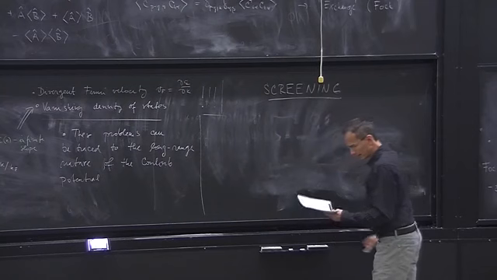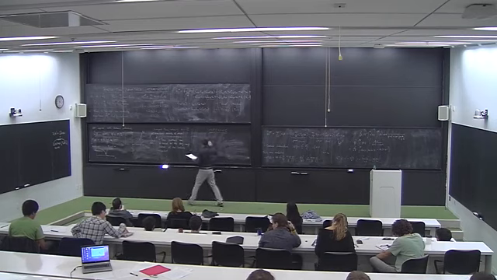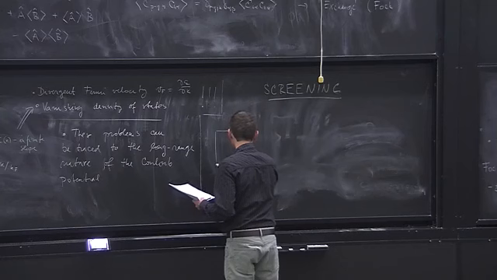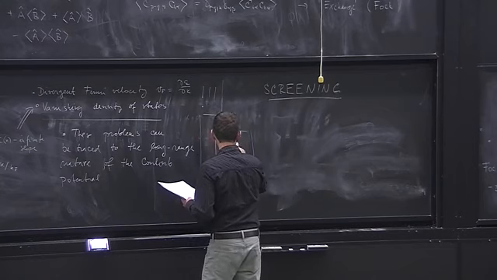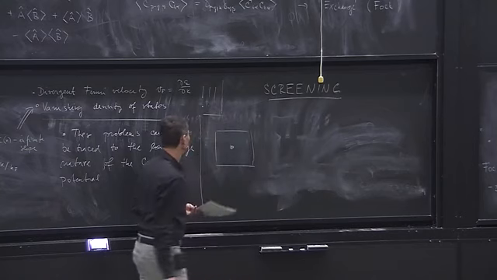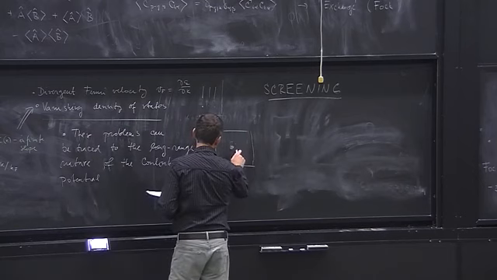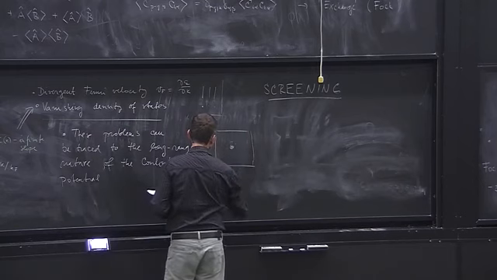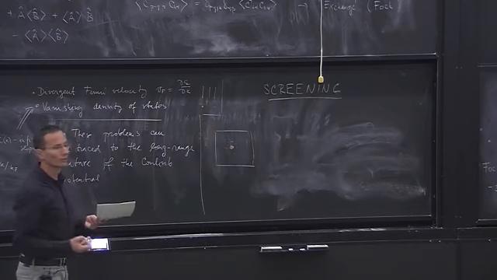So basically, what this theory of screening does, we consider a metal with electrons in it, and we put in a test charge, let's say positive test charge, and this test charge will attract a cloud of electrons to it, so that on long length scales, you just don't see that charge.